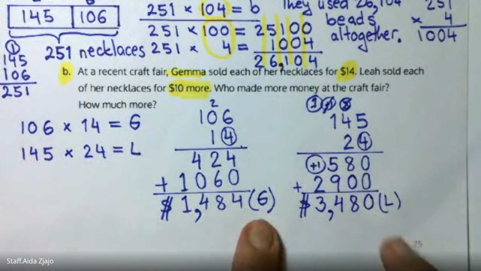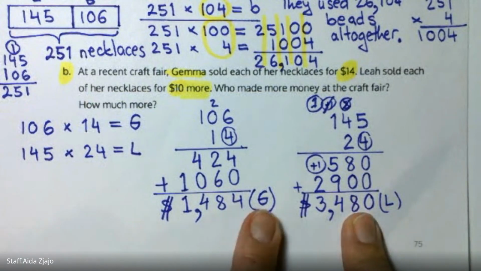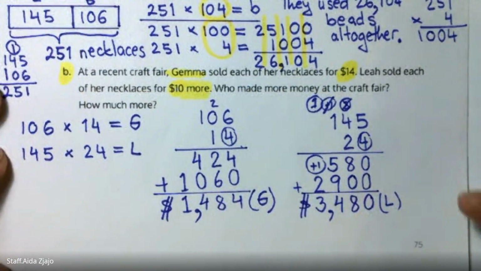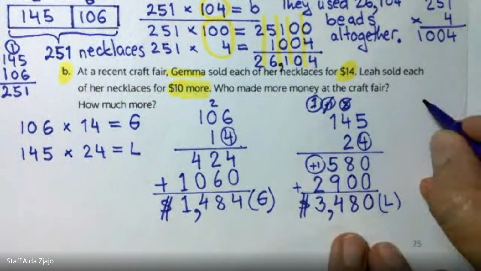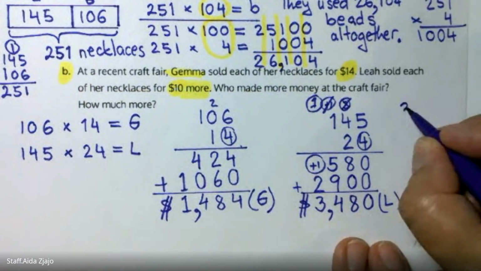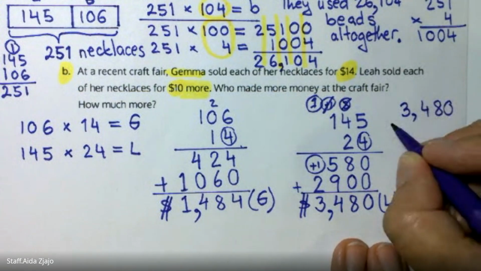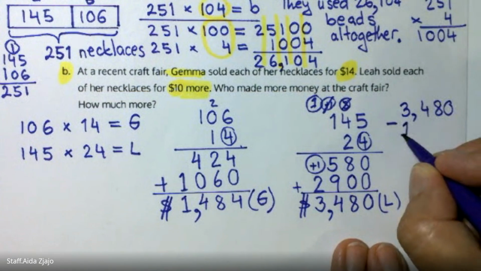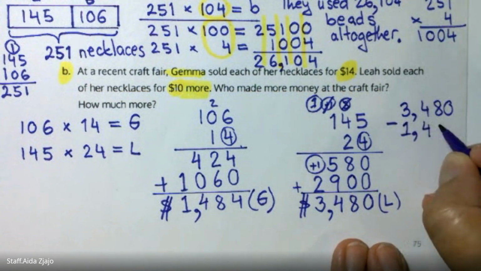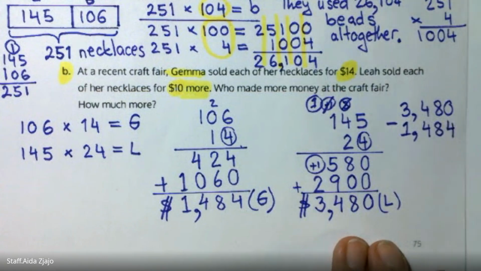So if this is Leah, that's the greater number, and Gamma is smaller, we need to subtract in order to get the correct answer. So 3,480 minus 1,484.